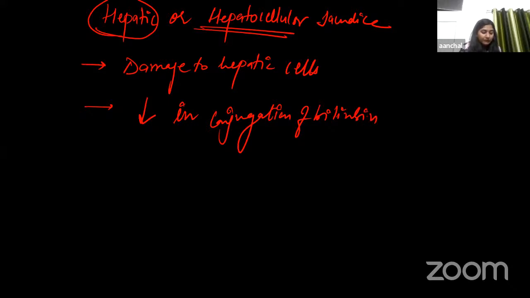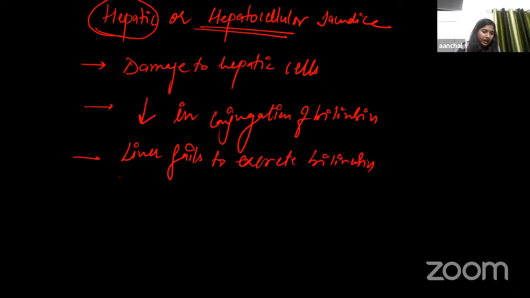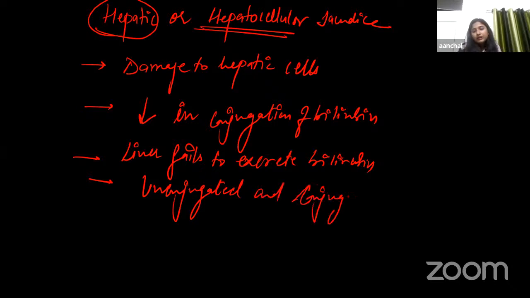So because of the damage, the conjugation of bilirubin in liver gets decreased and liver fails to excrete bilirubin. So in this case, what will happen? Both unconjugated as well as conjugated bilirubin levels get affected.